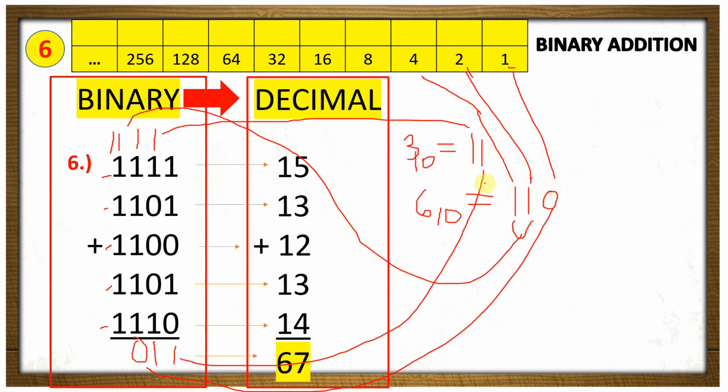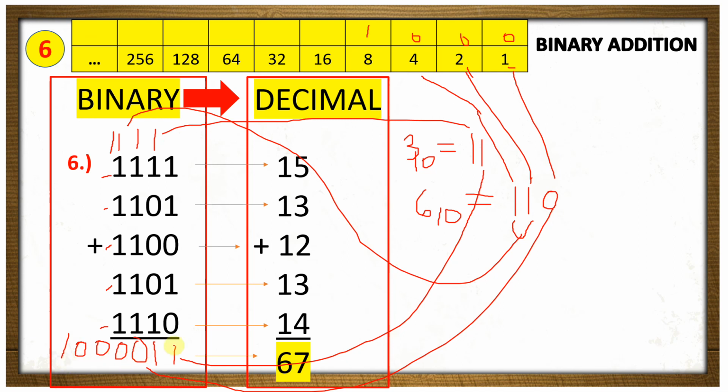So that's 8. So meaning you turn on this one and turn off all this here because it's 8. So meaning the answer is 1, 0, 0, 0, 0, 1, 1.